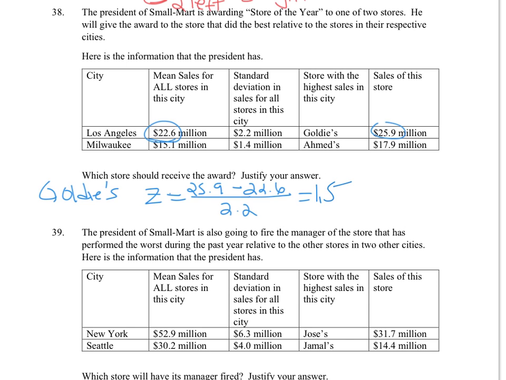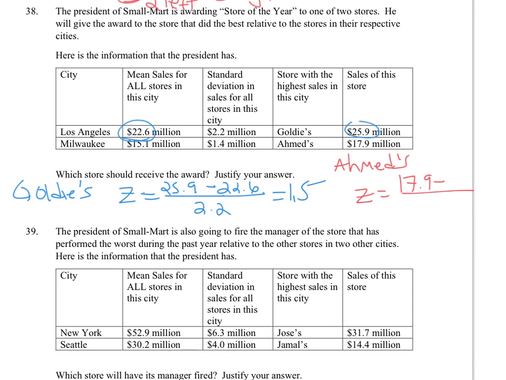And then doing the same for Ahmed's. 17.9 minus 15.1 over 1.4 gives that a z-score of 2.